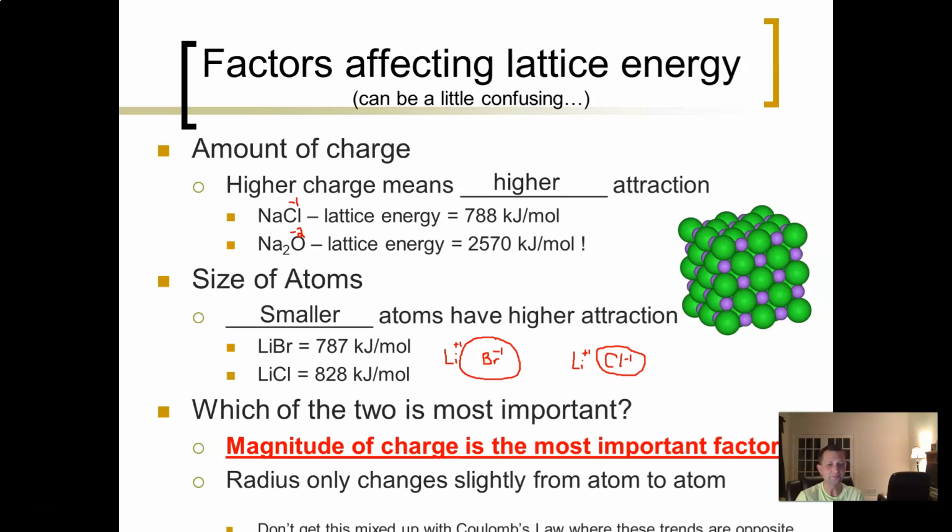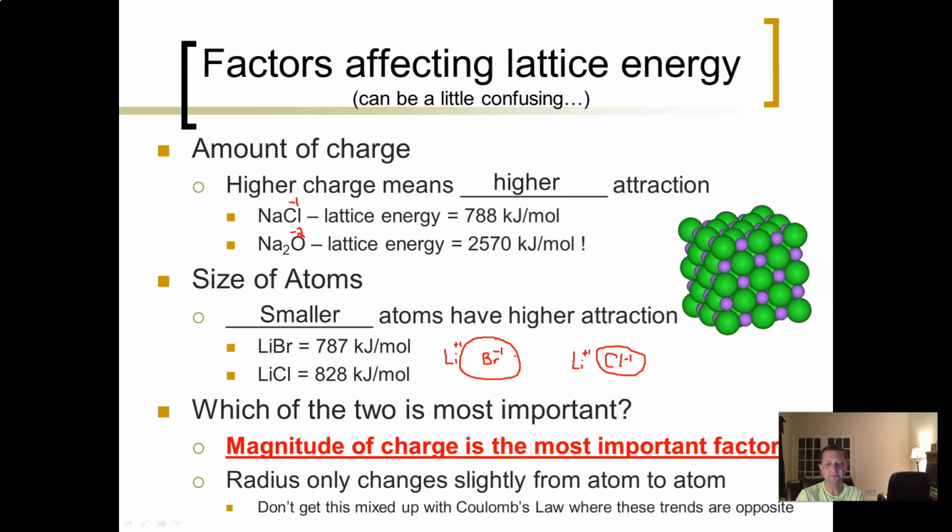So remember that. Please don't get this mixed up with Coulomb's law, where the trend is, part of this is opposite. Remember, for Coulomb's law, when we looked at attraction of nucleus to valence electrons, okay? Again, nucleus to valence electrons, the most important thing was energy levels, okay?